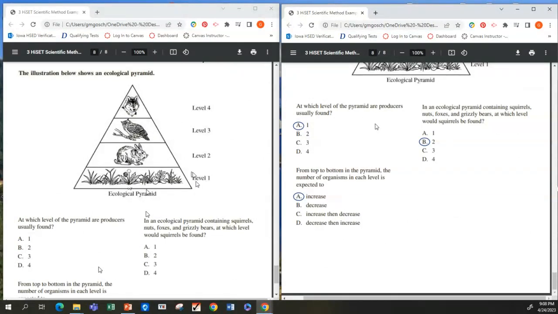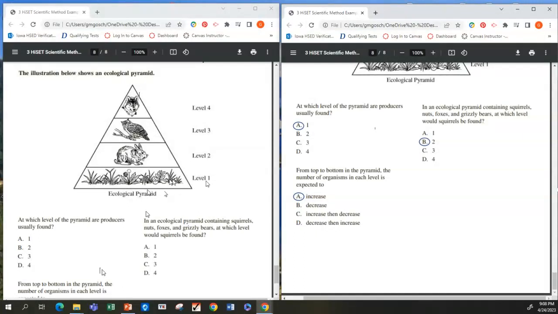Okay. At which level of the pyramid are producers usually found? Well, plants are producers here, and they are going to be at that lowest level. Everything above that is going to be dependent upon plants. Okay, from the top to the bottom in the pyramid, the number of organisms in each level is expected to increase.